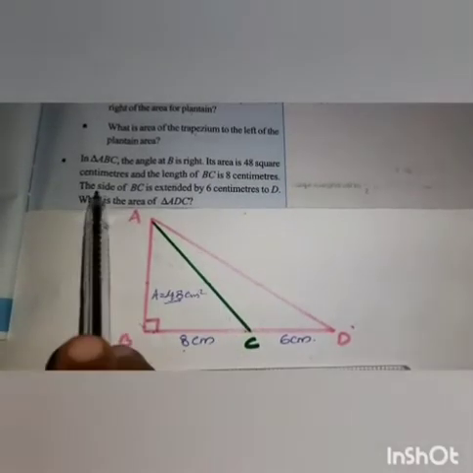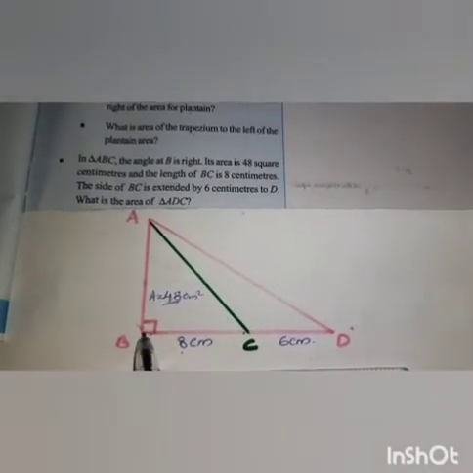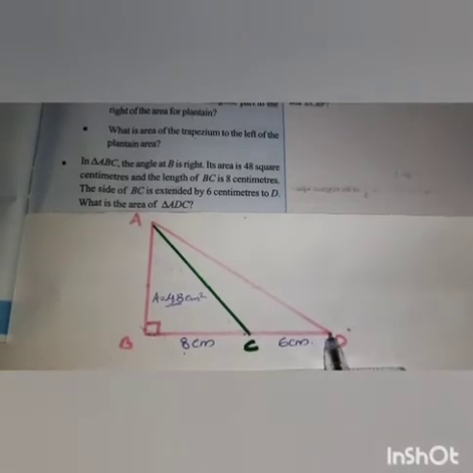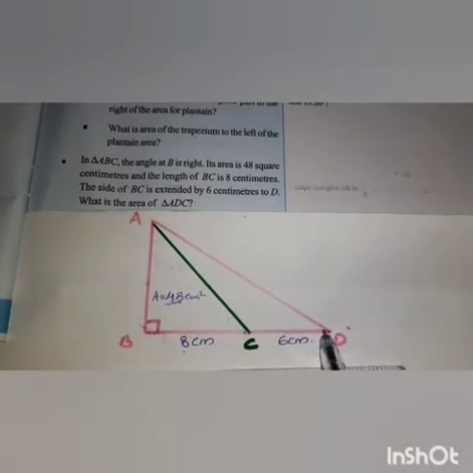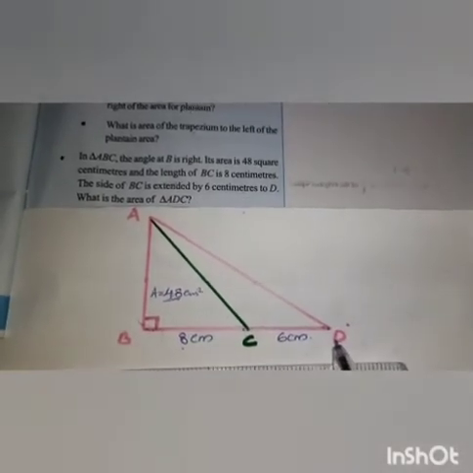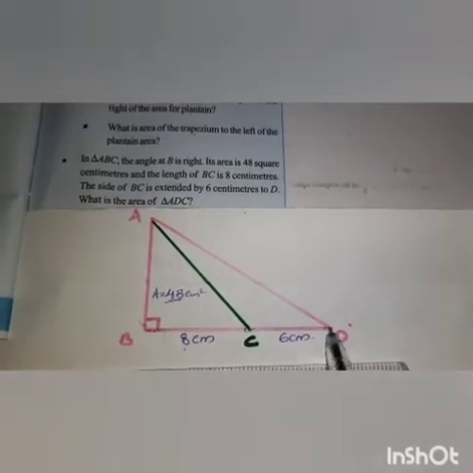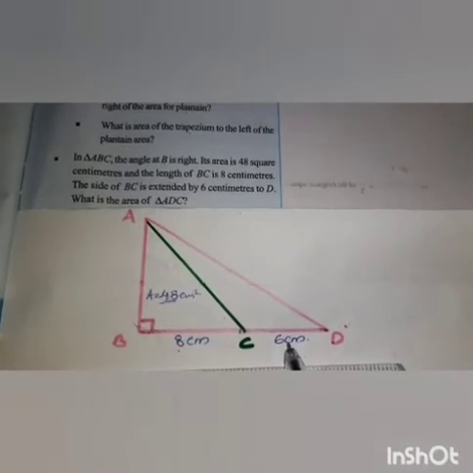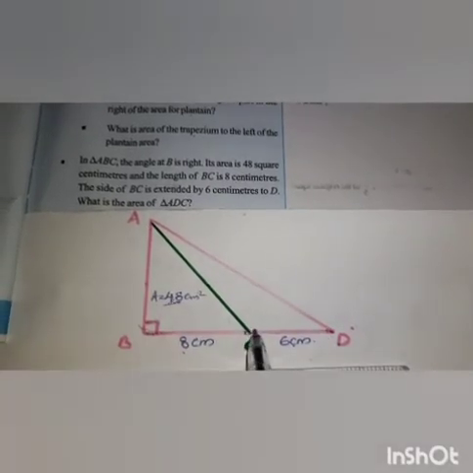Then the second part: the side BC is extended by 6 centimeters to D. So BC is extended to D with a length of 6 centimeter. Then we have to find out the area of ADC.